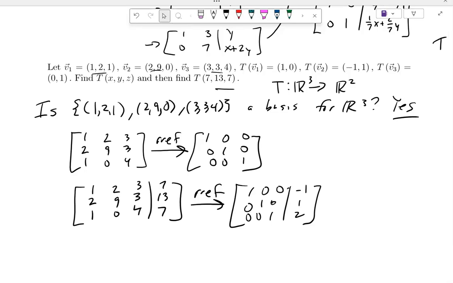Everybody know why we did that? Trying to find those constants such that negative 1 times v1 plus v2 plus 2v3 gives me the vector. All right, so how can I write the transformation applied to 7, 13, 7? What's that going to equal?